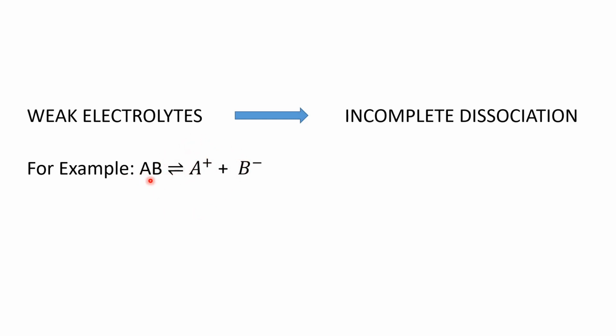As soon as AB dissociates into A plus and B minus, they react again among themselves and follow a backward path to give the reactant AB again. This sign is known as the reversibility sign, which is used in a particular kind of reaction.